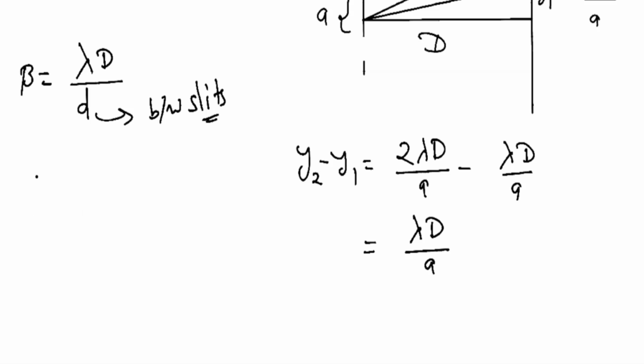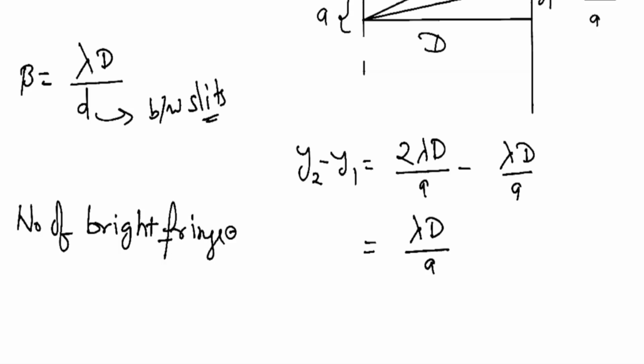So we can write the number of bright fringes equal to (y2 minus y1) by beta.